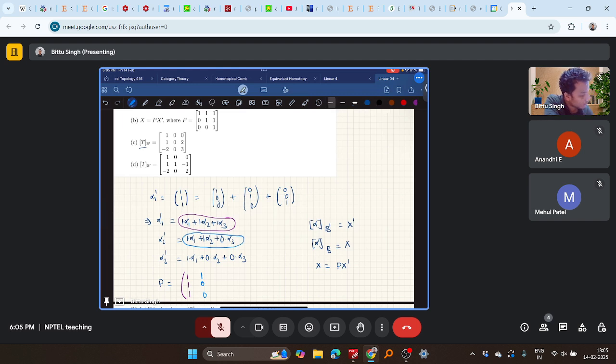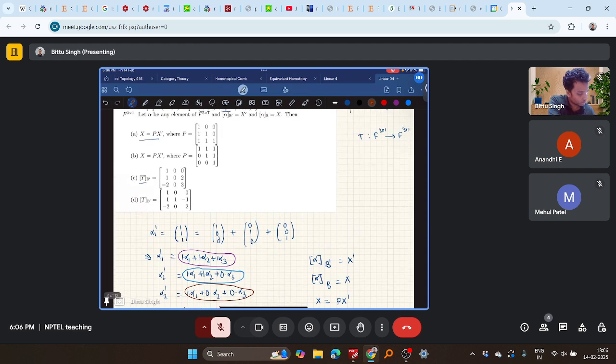And for the third combination we have 1 0 0. So P will be given by this matrix.